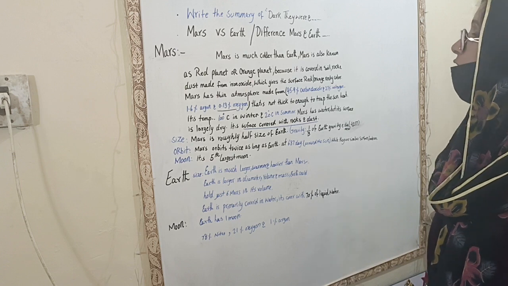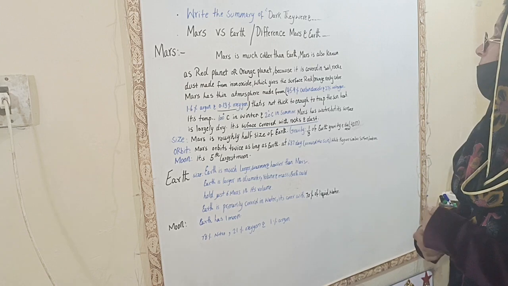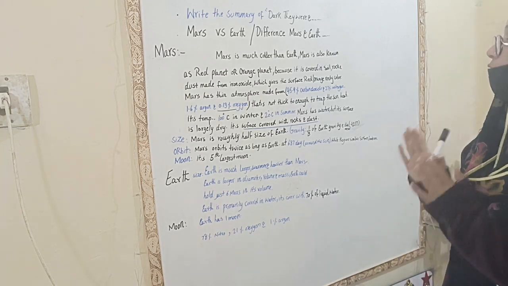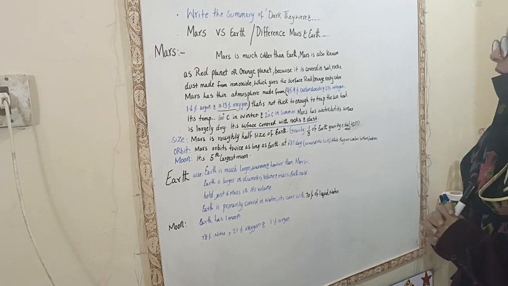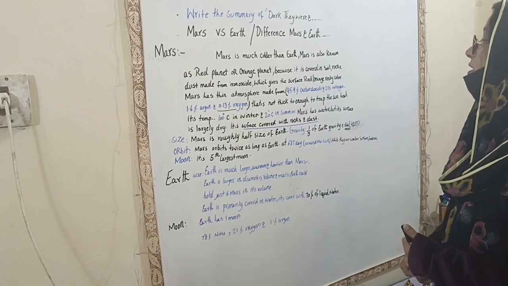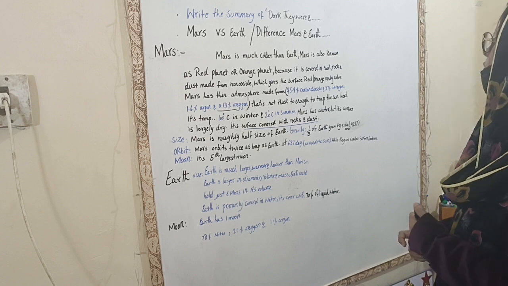Yes, Mars is also known as a red planet or an orange planet, because it is covered in soil, rock and dust made from iron oxide, which gives the surface a red or orange rusty color.